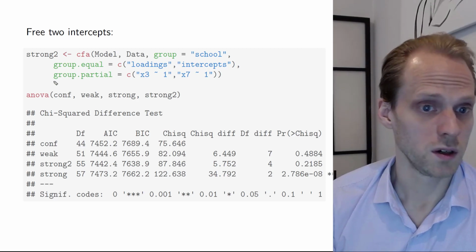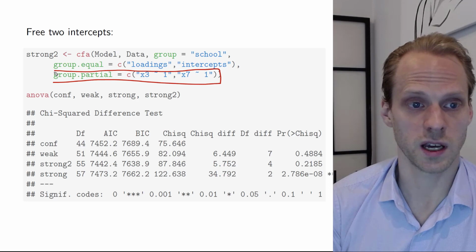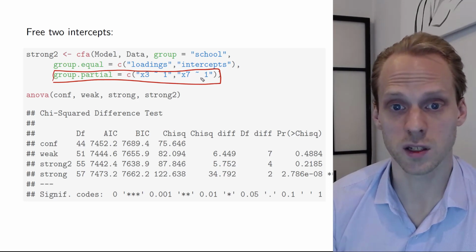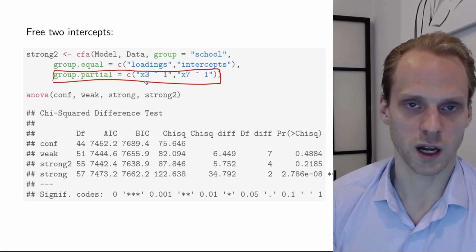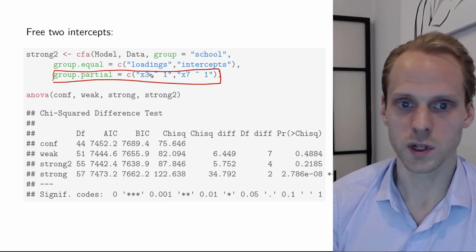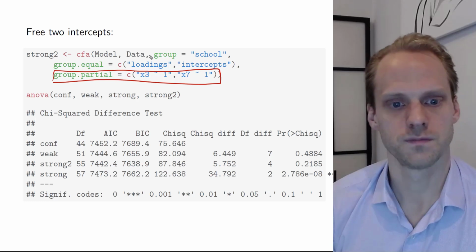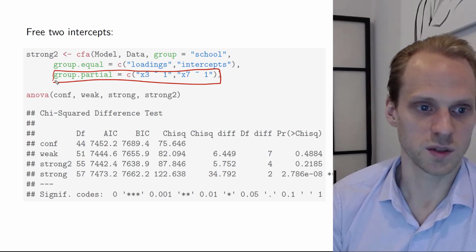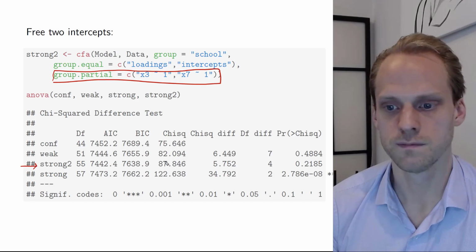Now I freed the intercept for x3 and x7. That means that on these two items the groups can differ on their intercept. So we take into account that in one group, in this case a school, that item might be easier than in another school. And then we can fit this partial strong invariance model, which I call strong 2 here.